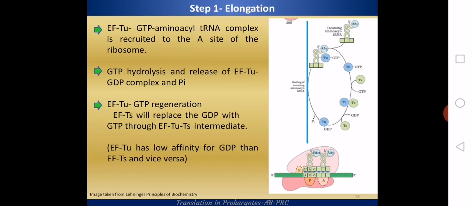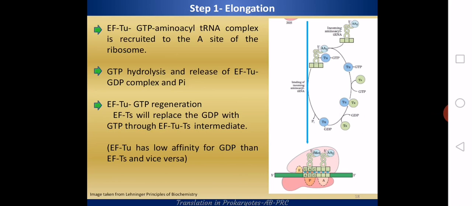So let's see the first step of elongation. So you can see the image, in which you can see there is the second amino acid which is bound onto the second tRNA, then complexed with the EF-Tu GTP to form the complex, and that will be attaching into the A site.